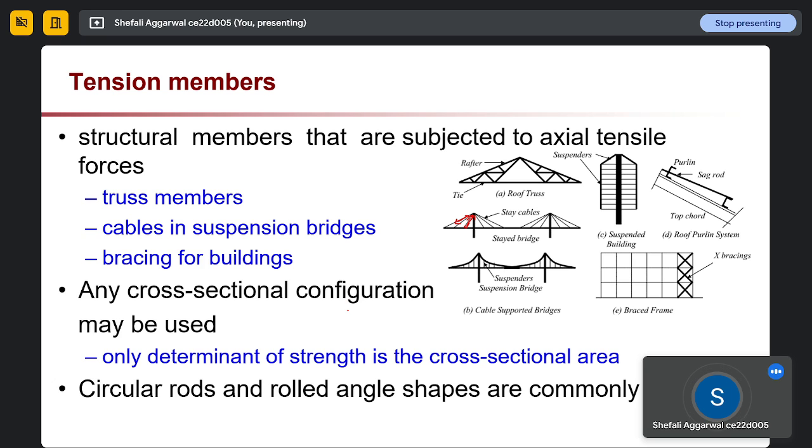So in case of our tension member, mostly our cross-sectional configuration will determine the strength of our element.